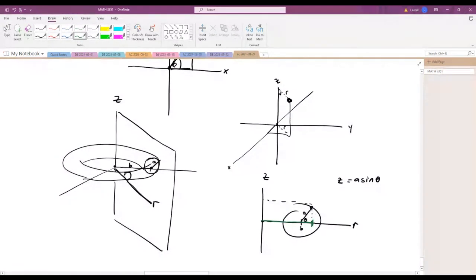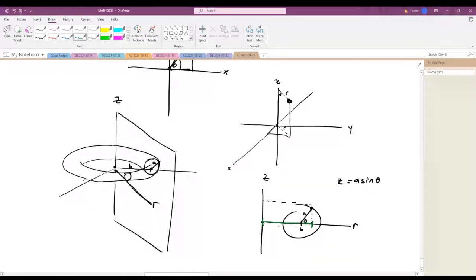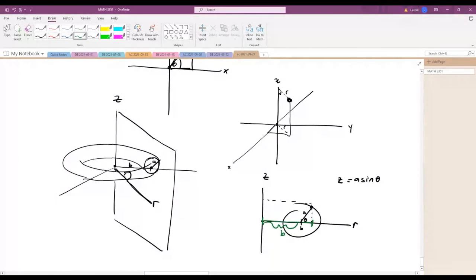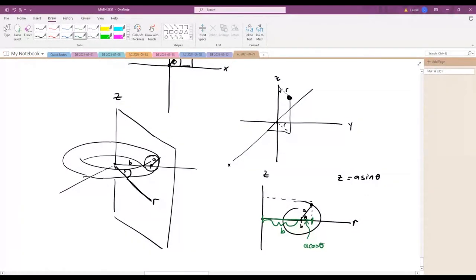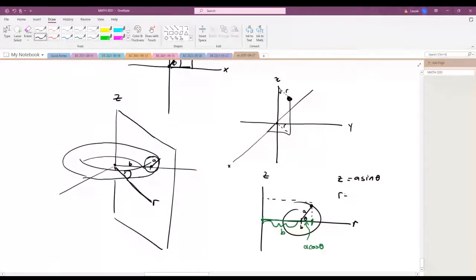So it's this distance in this picture, right? That's r. So to get r, you take the length b, which is the big radius of our torus, and then you add this small amount, which we know is a cosine theta. So the r coordinate is b plus a cosine theta.